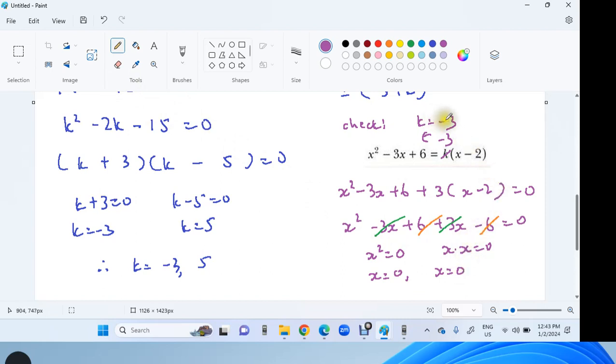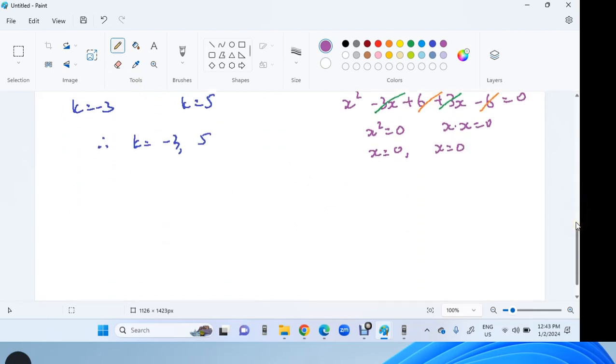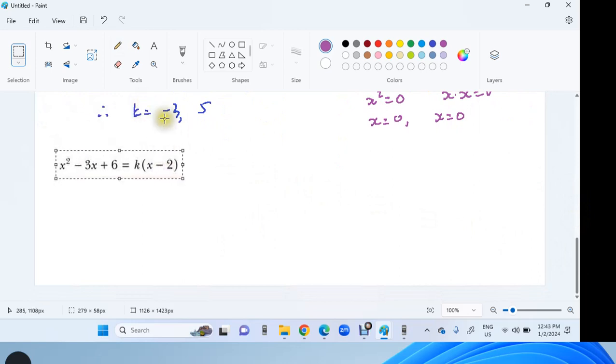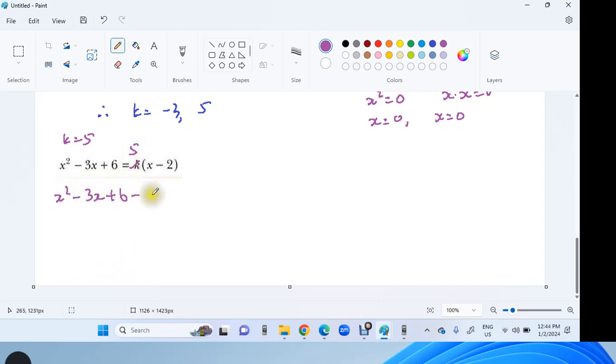And we have k equal to 5 here. Then we have x squared minus 3x plus 6 minus 5x plus 10 equal to 0. Then x squared minus 8x plus 16 equal to 0.